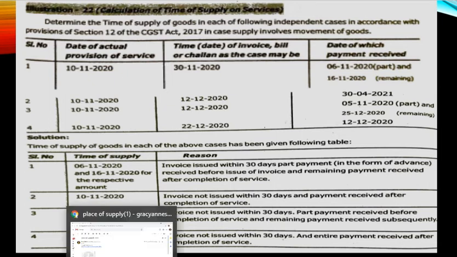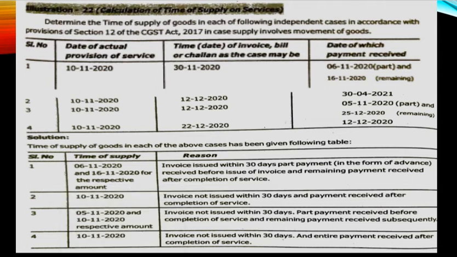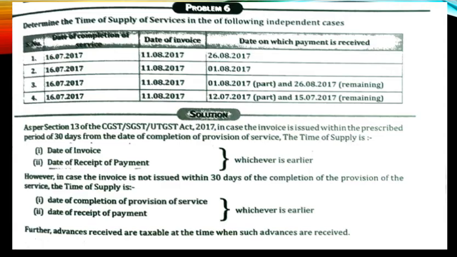Under this calculation, we need to understand the explanation made in the slide in your previous video. In this slide it is mentioned that when the time of supply of service is determined, as per Section 13 of the CGST, SGST, UTGST Act 2017, in case the invoice is issued within the prescribed period of 30 days from the date of completion of provision of services, the time of supply is the date of invoice or date of receipt of payment, whichever is earlier.